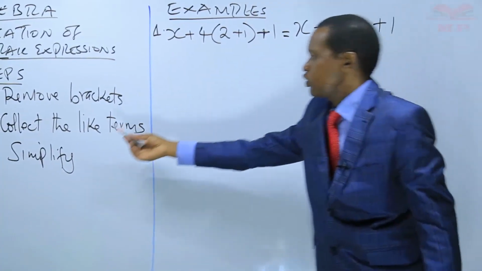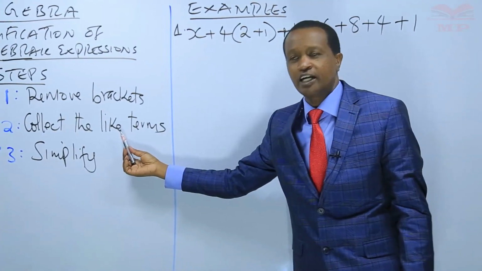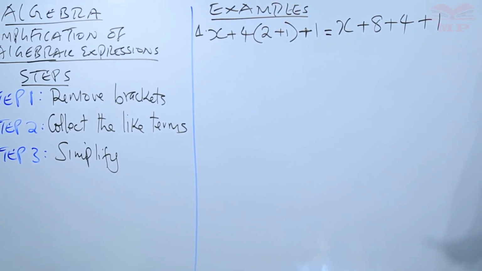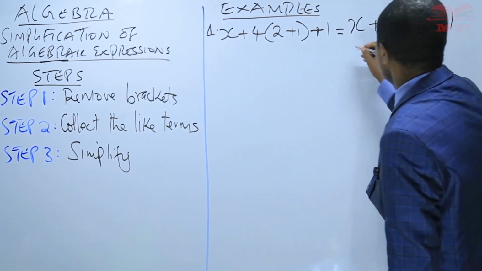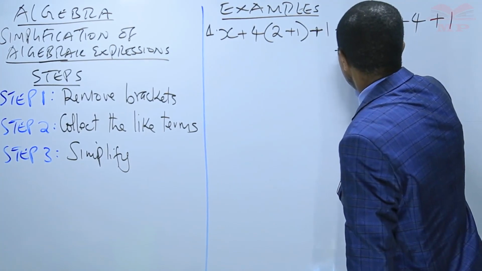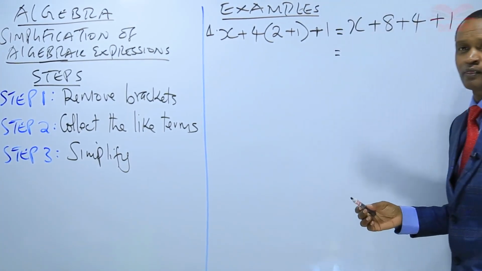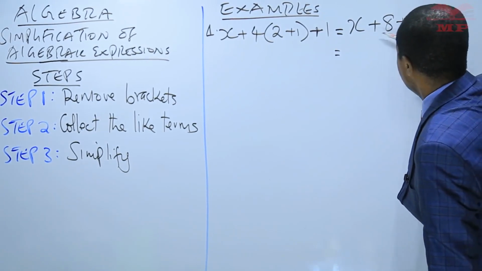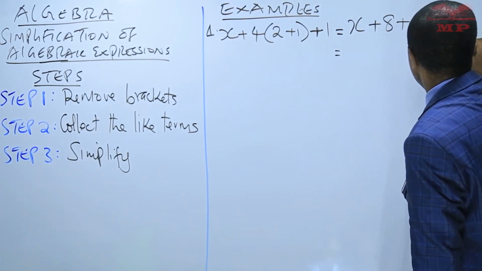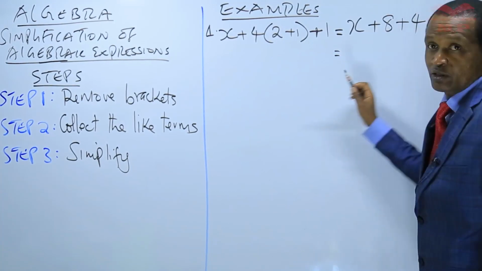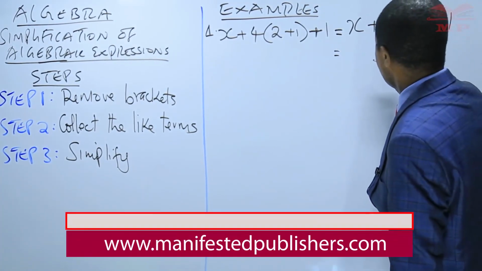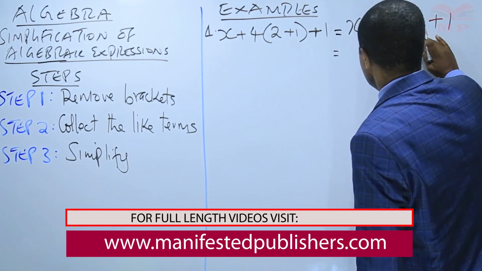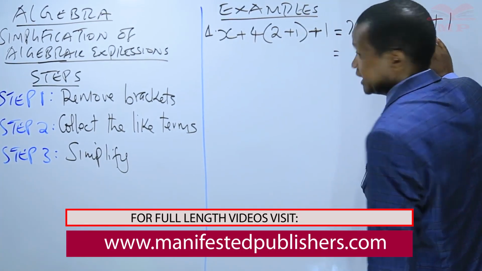Step number 2, collect the like terms. Collect what? Collect the like terms. The like terms in this question, you can see we have x, this is a term, we have 8, we have 4, we have 1. So the answer will be x, because these terms are already collected.